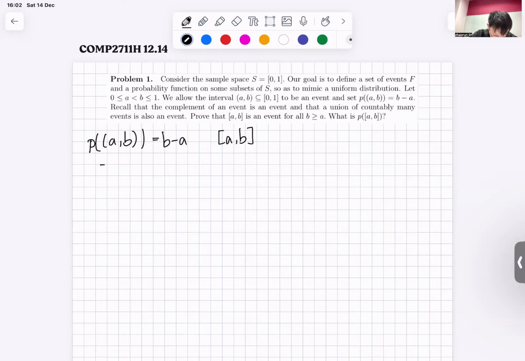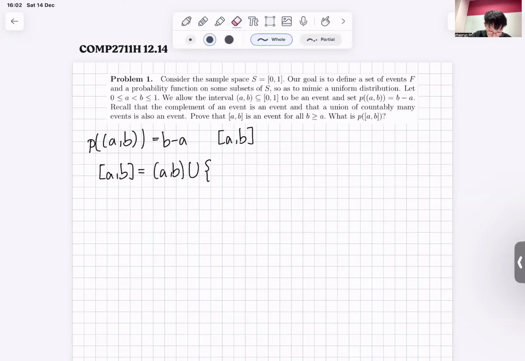To start, we can see that the closed interval [A, B] is simply the open interval union with the singletons {A} and {B}.